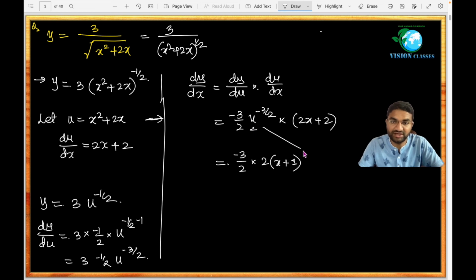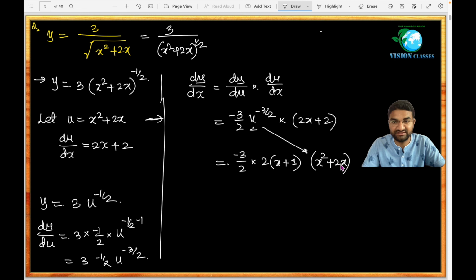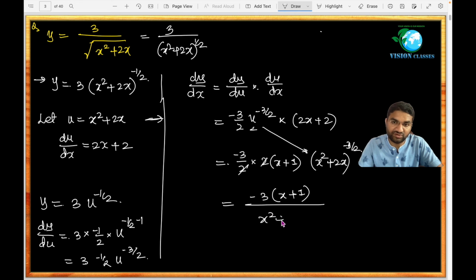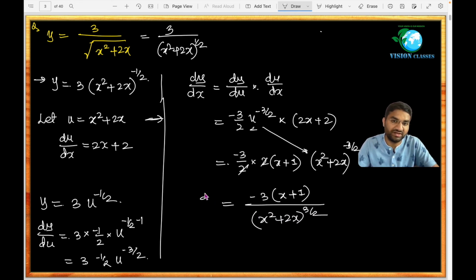Then put in the u value, u is x square plus 2x raised to negative 3 by 2. Transfer it to the denominator and make the power positive. So here the 2 gets cancelled out, and in the numerator you will have negative 3 times x plus 1 divided by x square plus 2x raised to 3 by 2. It's dy by dx.